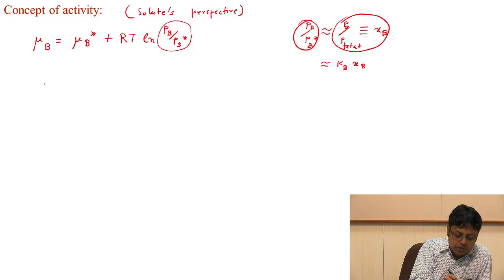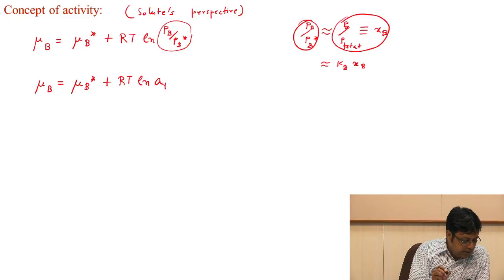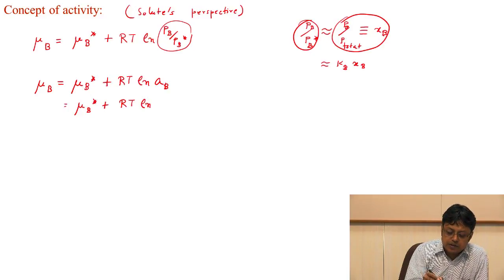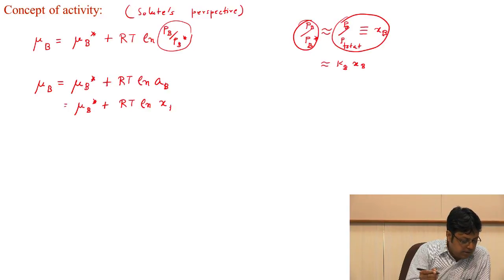So the real equation will be nothing but mu B is mu B star plus RT ln activity of B. Now this activity of B, again as before, we can write as the activity coefficient times the mole fraction, RT ln XB plus RT ln gamma B, so AB is gamma B into XB.